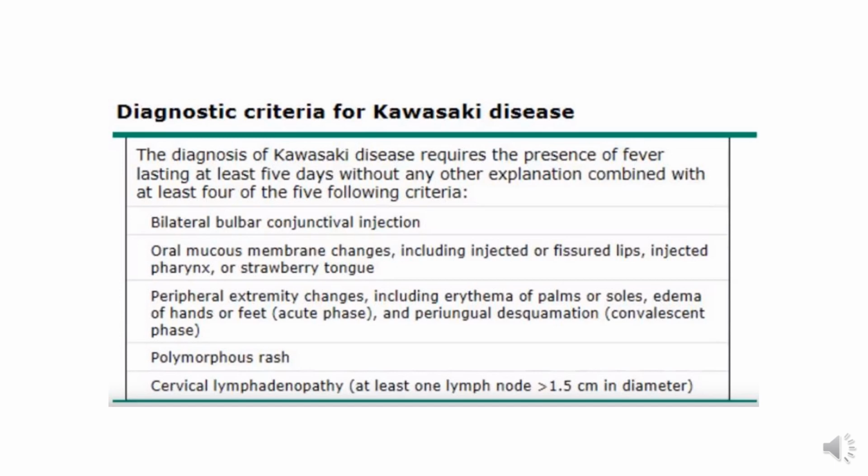Second, oral mucous membrane changes, including injected or fissured lips, injected pharynx, or strawberry tongue. Third, peripheral extremity changes, including erythema of palms and soles, edema of hands or feet, and periungual desquamation. Fourth, polymorphous rash, and fifth, cervical lymphadenopathy.